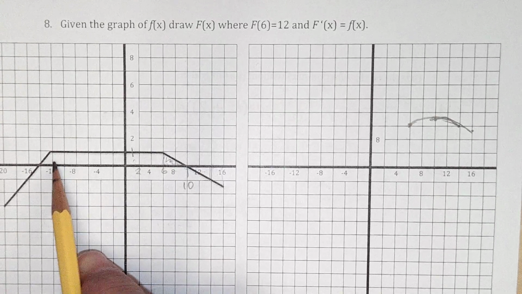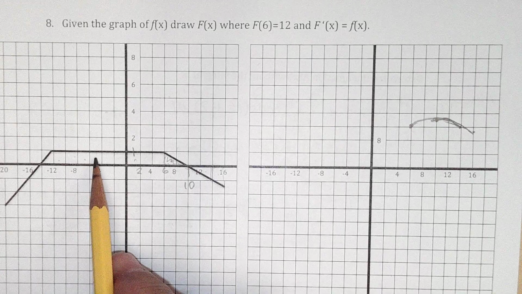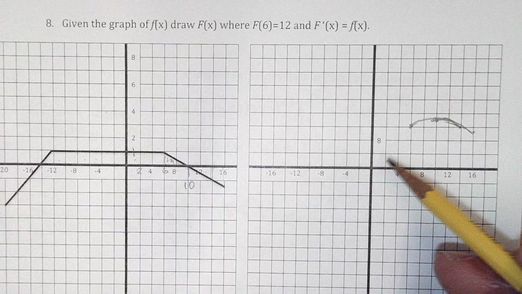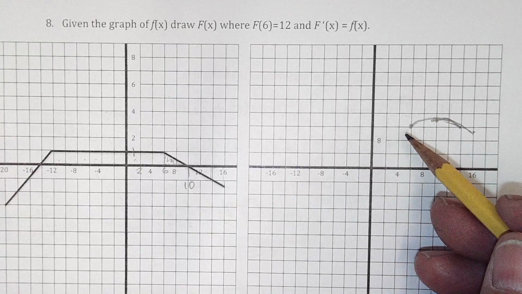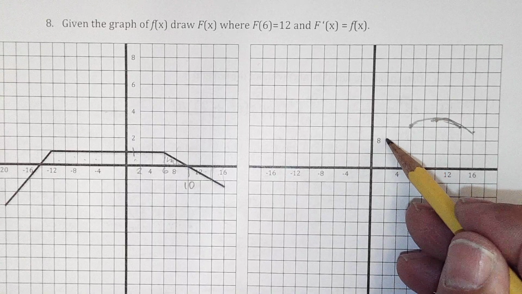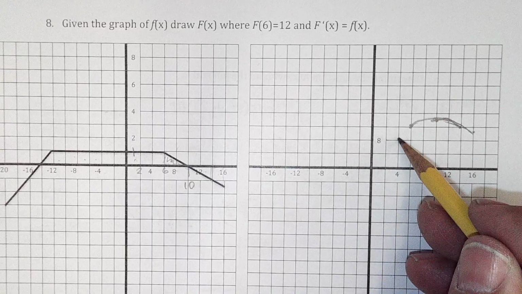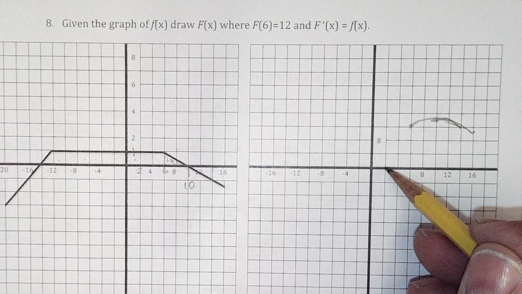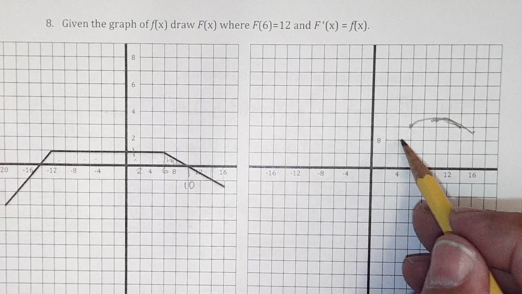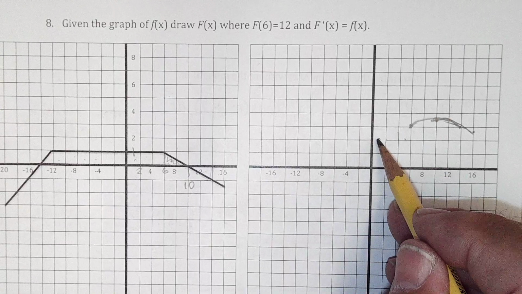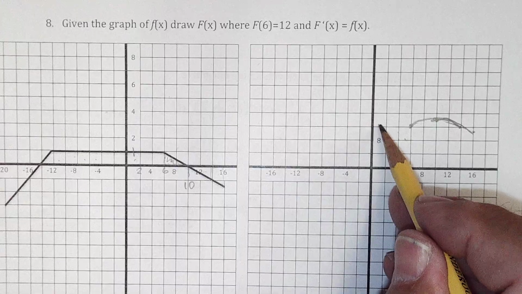Now, over here, each of these squares is worth 2. 2 wide, 1 tall, 2. So I got to be going up with a slope of 2. So here I'm at 8. And if I go up 2, see, this is 2 across. So for 1, it'd be just halfway. I got to go up 2. This is 8, 12.